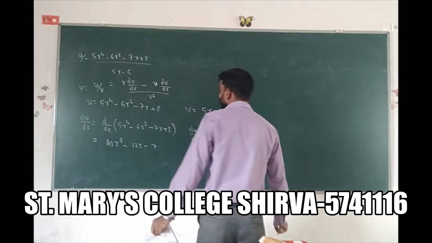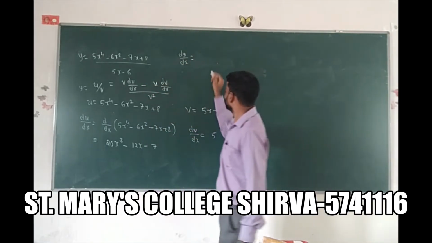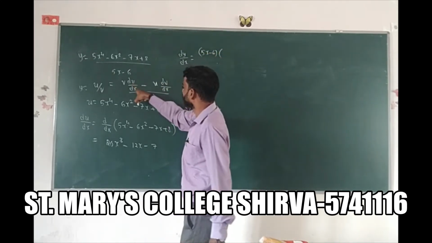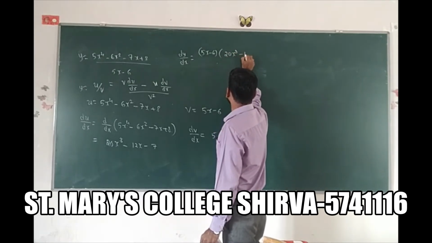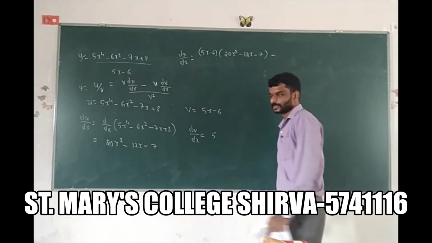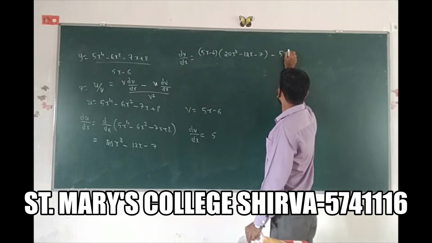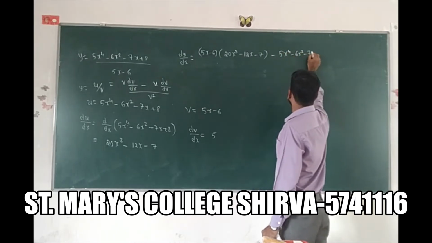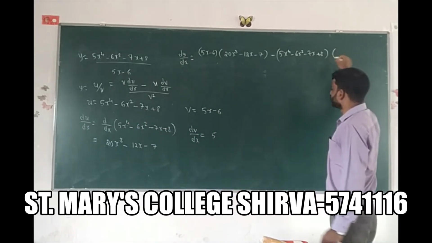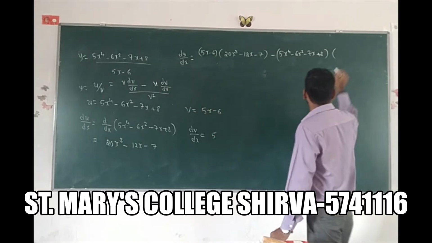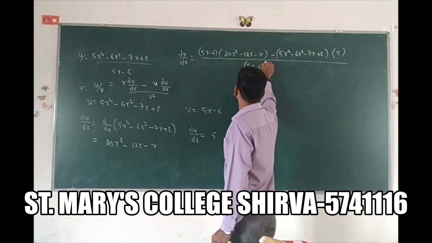Okay, now substitute the values. So dy by dx equal to v into du by dx, where v equal to 5x minus 6, and the du by dx value is 20x cube minus 12x minus 7, minus u, which is 5x power 4 minus 6x square minus 7x plus 8, into dv by dx, and the dv by dx value is 5, divided by v square, which is 5x minus 6 whole square.